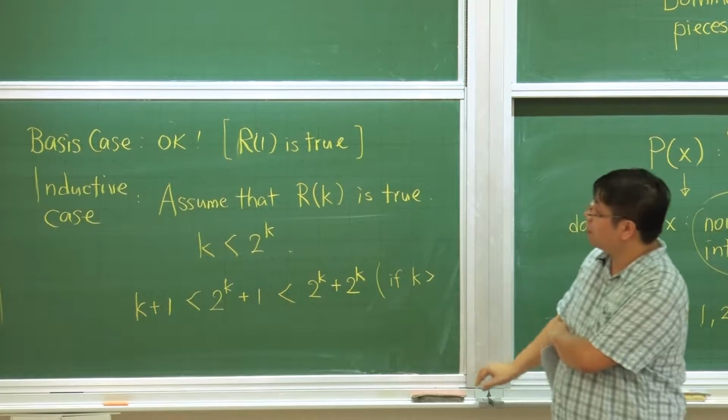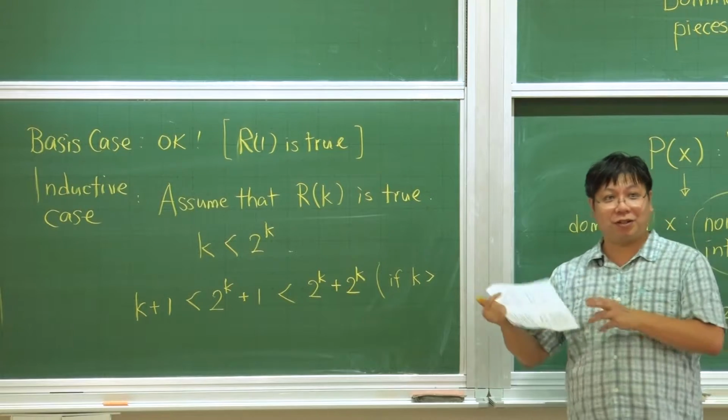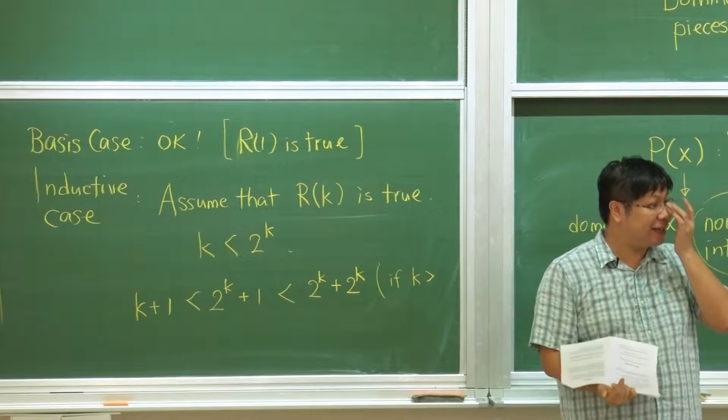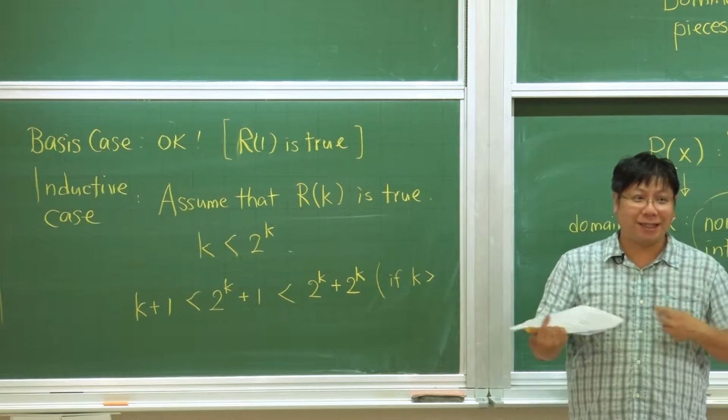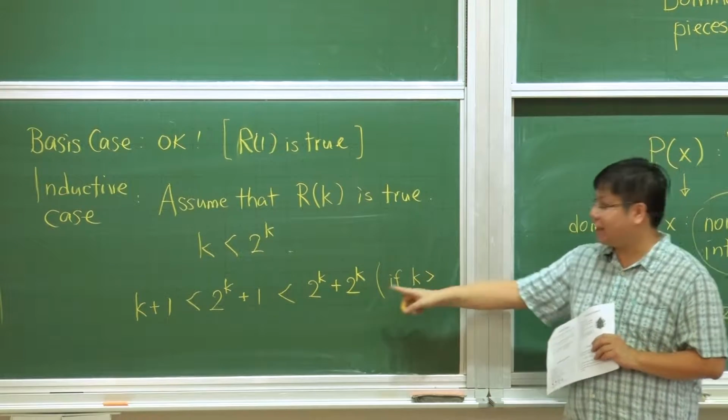But we don't know that. We are proving something like this. We cannot just say k is larger than 1, this is correct. It's like saying my cooking is delicious.